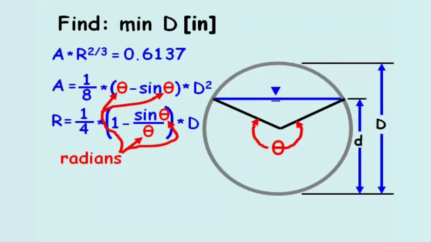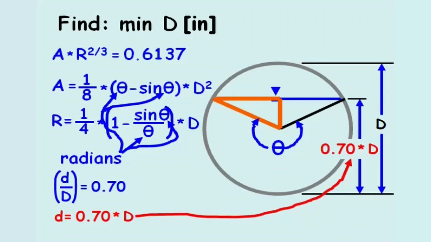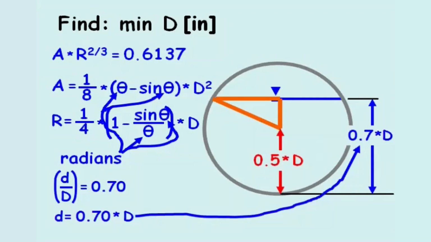To find theta, we'll take a closer look at this triangle, or more specifically, half the triangle. Since we're solving for d over D equal to 0.70, we'll substitute in 0.70 times the diameter for the depth. Since the radius is half the diameter, we know the small leg of the triangle is 0.2 times the diameter, and the hypotenuse of the triangle is 0.5 times the diameter.